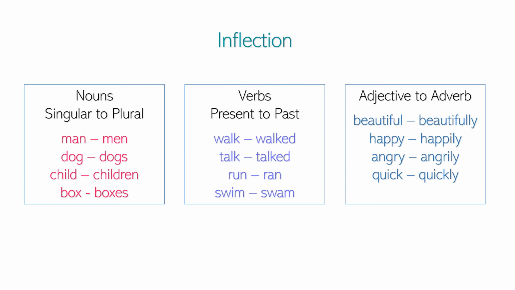So you have walk, walked, talk becomes talked, run becomes ran, swim becomes swam. And then you have adjective to adverb. So these are adjectives: beautiful, happy, angry, quick, and then they get converted to adverbs: beautifully, happily, angrily, quickly. So this is what you call inflection, change in the form of words from one form to another form, depending on the grammar rule or the context we're going to be using the words in.